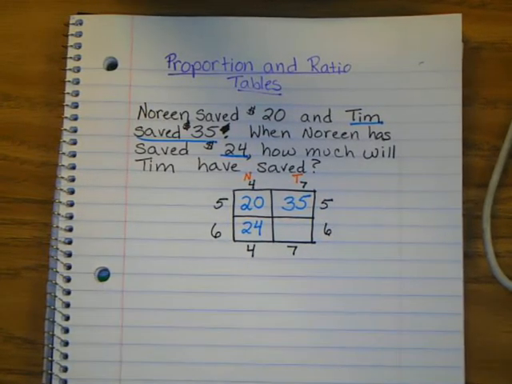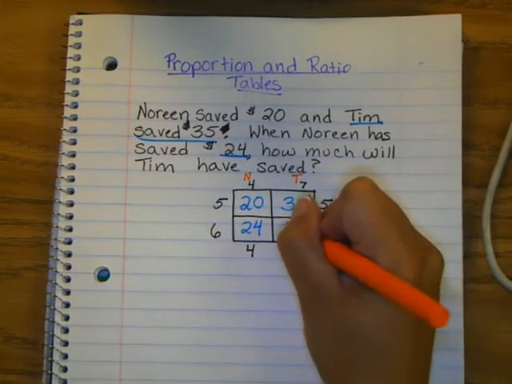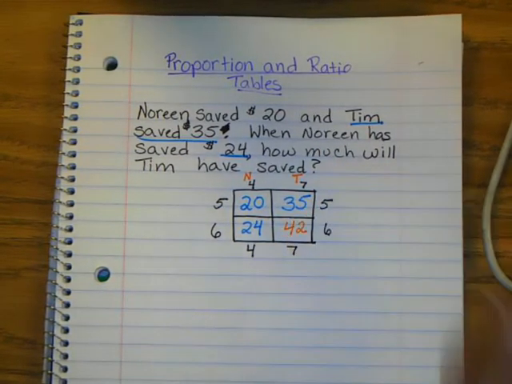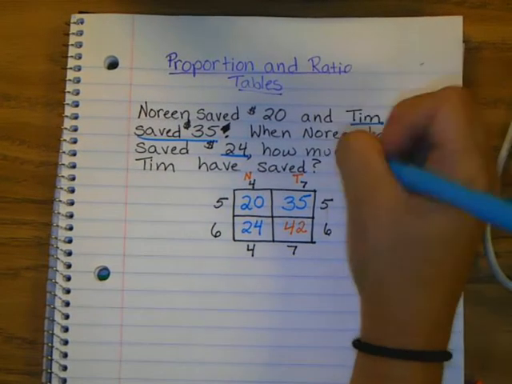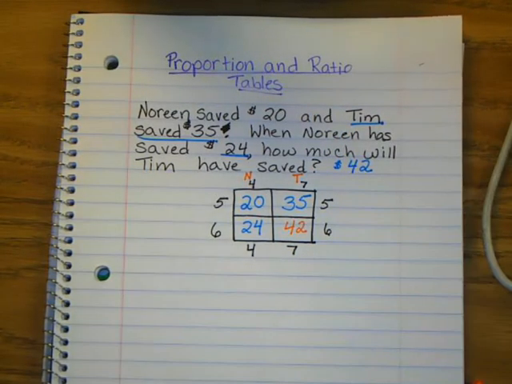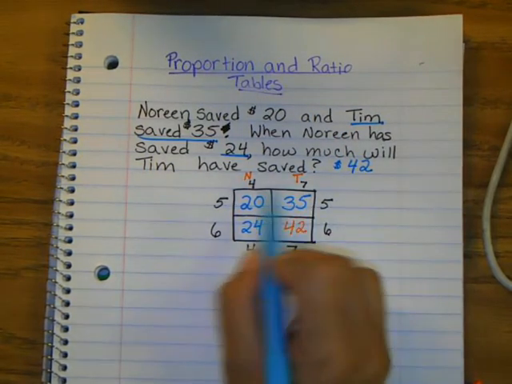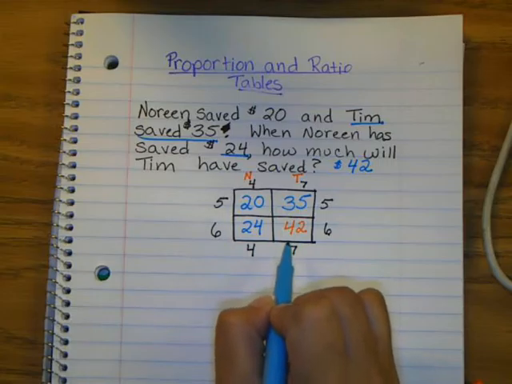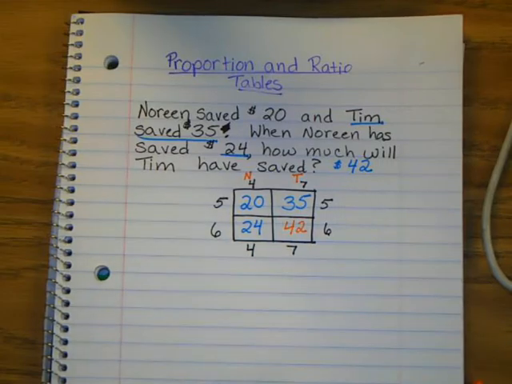Now, what is 6 times 7? Everybody say it. 42. Okay, so then I can fill in 42. So I know my answer is $42.